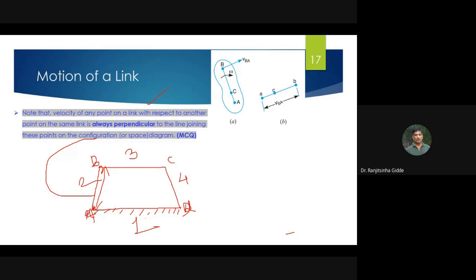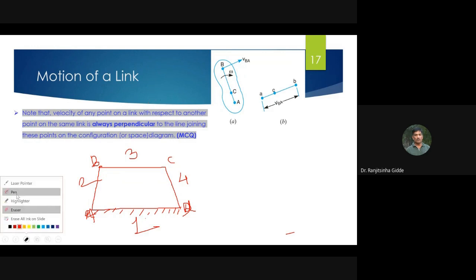We are going to represent it like this. I will show it in the diagram itself. So here we are going to show an arrow, and what is the angle here? 90 degrees. And here we are going to write VBA.